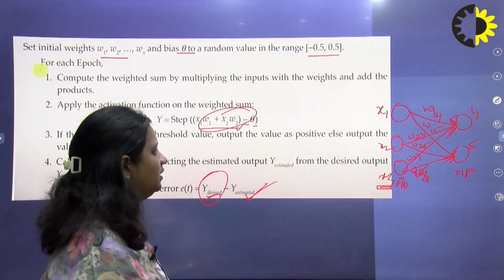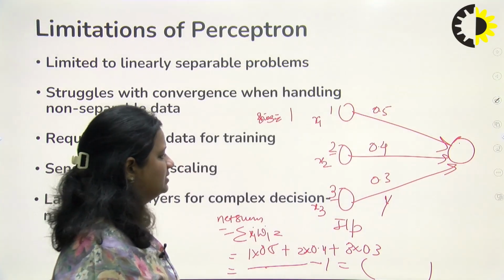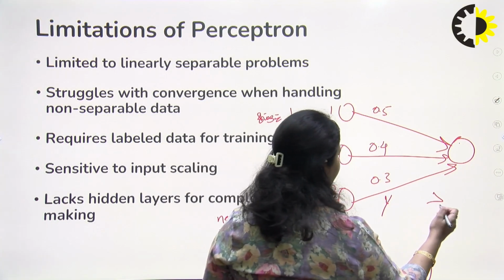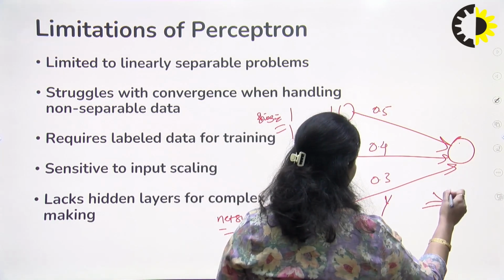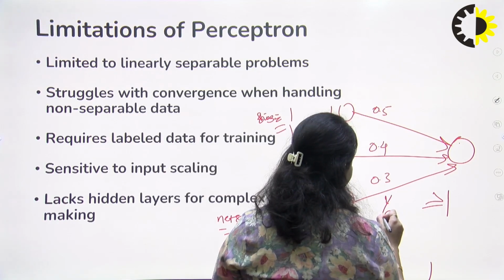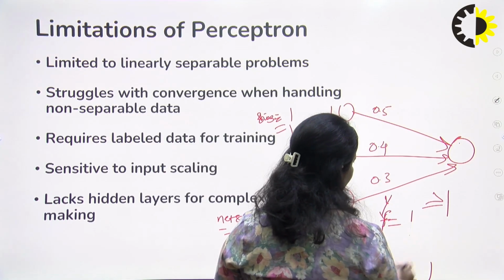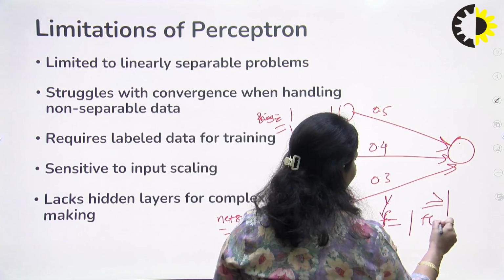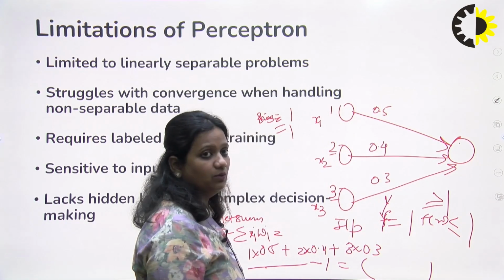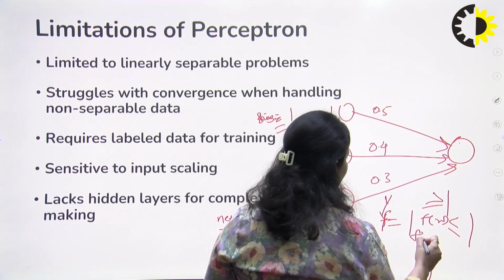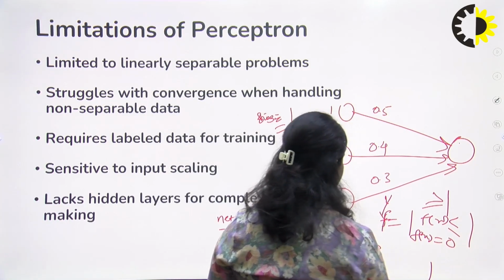Activation function: if the function has a value greater than or equal to the threshold value, which is equal to 1, then the output will be 1. If f of x has a value less than 1, then f of x has a value 0.